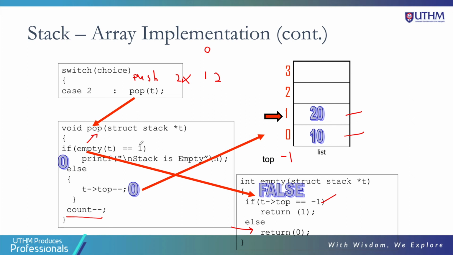Later on, when it calls the pop function, it will decrement by 1. So the current count now is actually 1. I hope you can imagine the transformation of the count value, from 0 to 1, and then to 2, and then back to 1 again, all because of this. Whenever we call the pop function, the count will be decremented by 1. Whenever we call the push function, it will increment by 1.